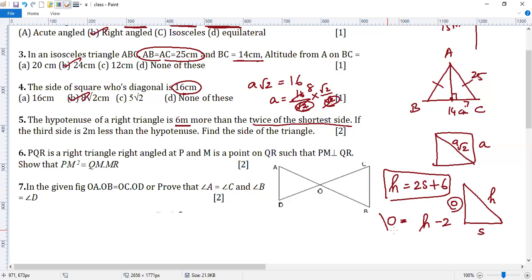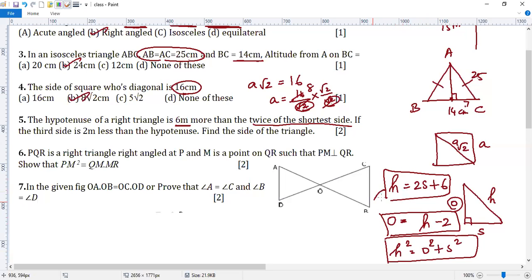How will you find? You have to use one more idea. In Pythagoras theorem, what do you have? H squared is equal to O squared plus S squared. This is a relationship. So totally 3 relationships you know now. And from these 3 relationships, you have to find 3 unknowns. Linear equations in 2 variables concept, you can proceed.